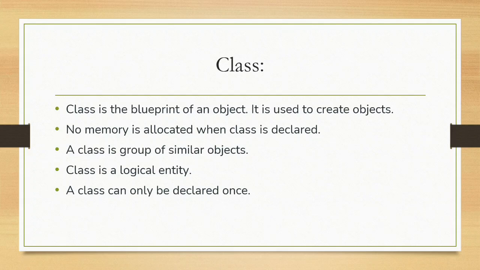Let's discuss this further. Suppose we are creating a class which we name cricket. Inside the cricket class, what can be the objects? Bat can be an object, a ball can be an object, wicket stump can be an object. These are certain objects which we can create inside our cricket class.